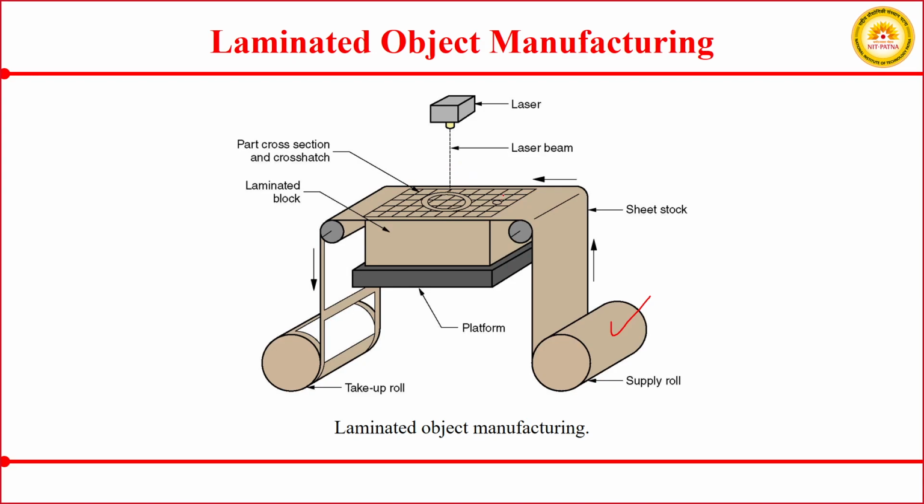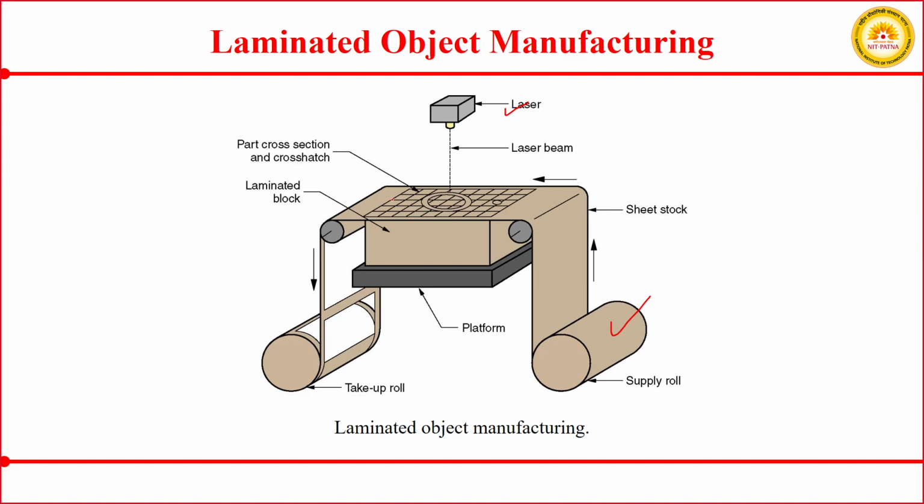On this part production platform, as soon as your roll is here, your laser beam will strike on this surface, and your sheet or layer gets adhered with your previous layer. It happens by partial melting or some other process, because due to laser striking there should be some temperature rise, and due to this the adhesion takes place between these two layers.